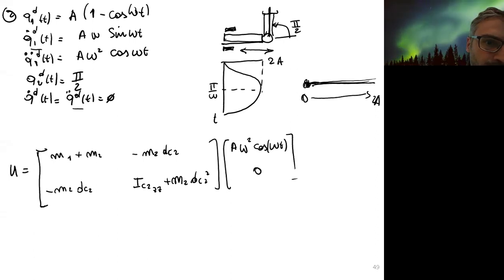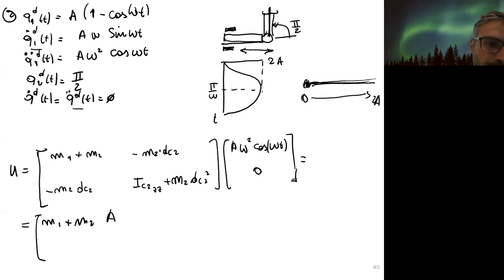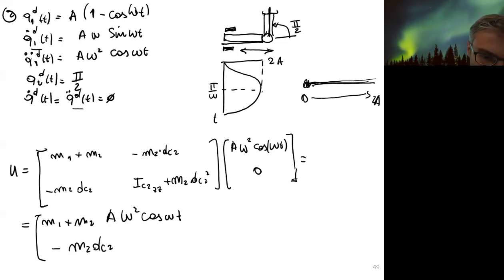If we compute them, we get m1 plus m2 a omega squared cosine of omega t, and for this one, m2 dc2 a omega squared cosine of omega t.